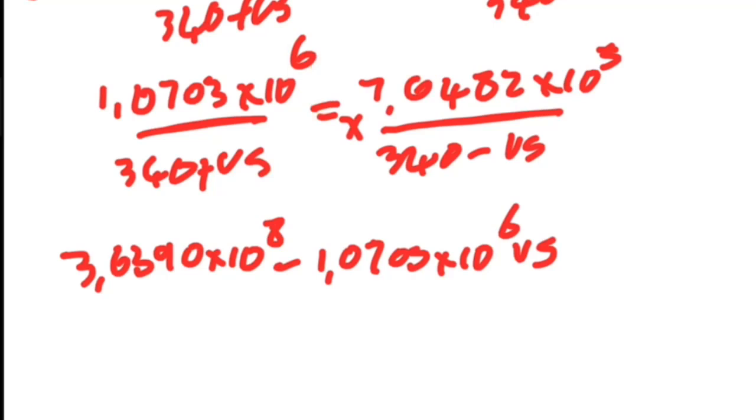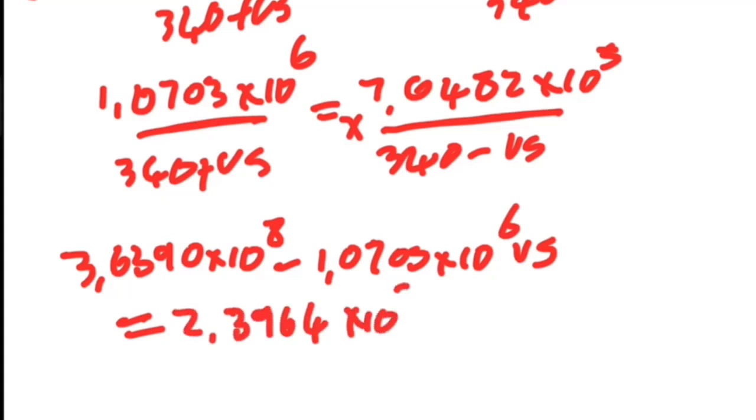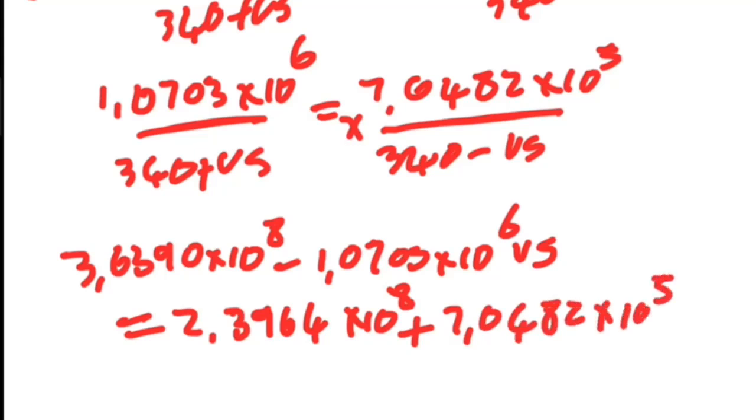So let me go ahead and do that. That will all be equal to 340 multiplied by 7.0482 times 10 to the power 5. So this is 2.3964 times 10 to the power 8, and then plus 7.0482 times 10 to the power 5 Vs. So right, let me group the like terms together.